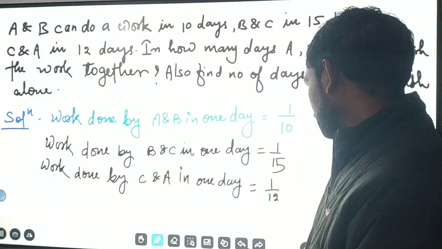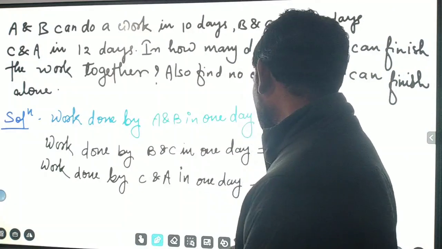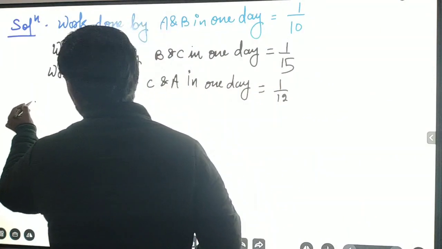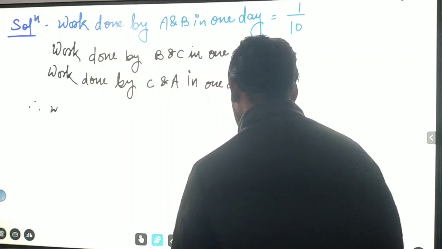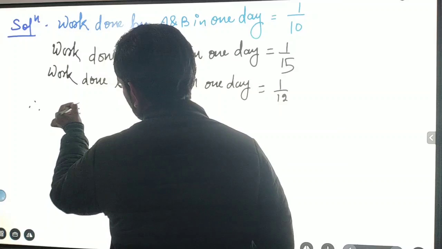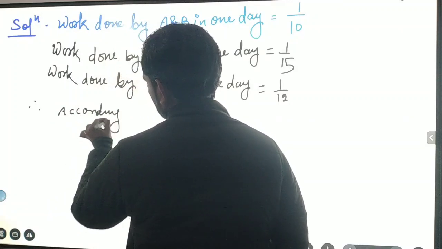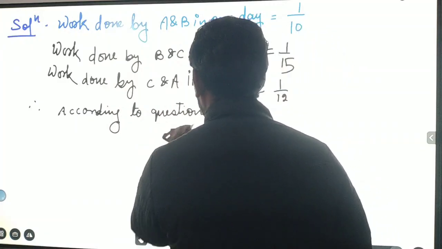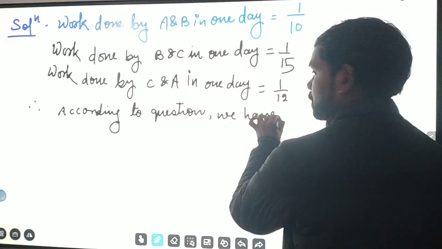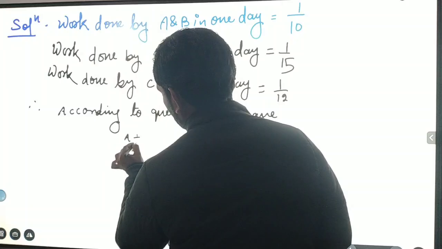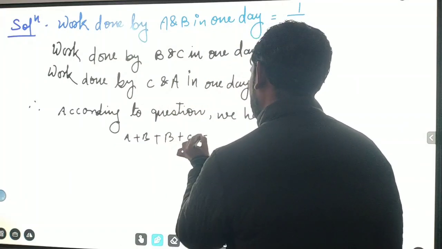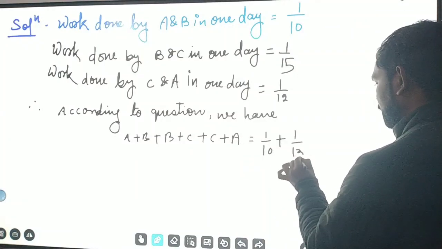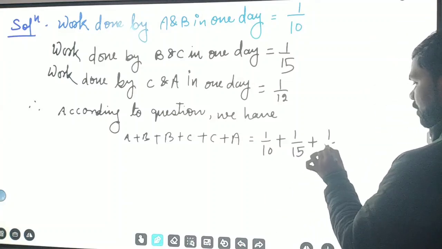So we write, therefore, according to the question, we have A plus B plus B plus C plus C plus A is equal to 1 by 10 plus 1 by 15 plus 1 by 12.